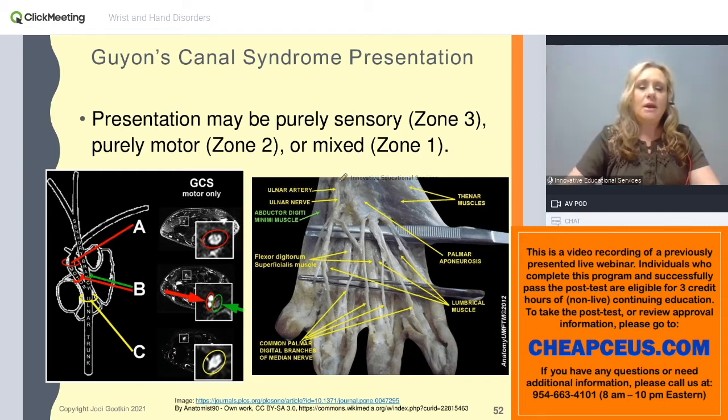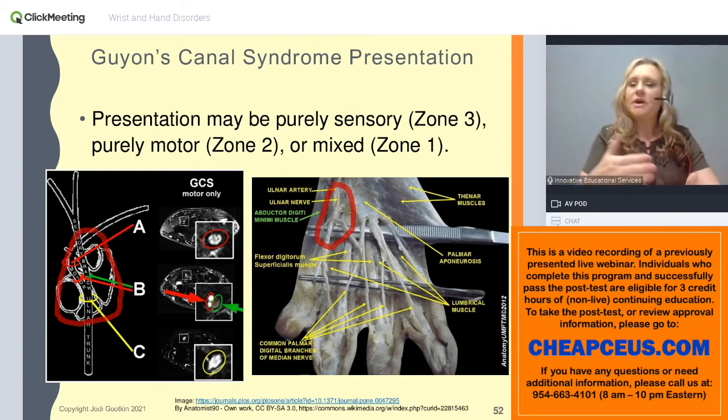Depending on where this nerve is passing through and where it's actually compressed in the tunnel, you might see purely motor involvement, you might see purely sensory, or you may see some mixed motor and sensory involvement. So it may seem a little bit ambiguous, but just recognize that it is because this tunnel tends to be relatively long, and depending on where exactly it's compressed, it could be a motor and/or sensory presentation.